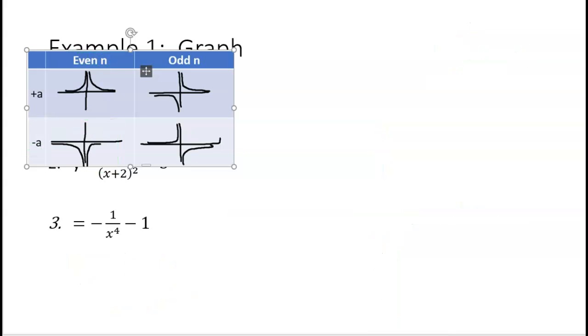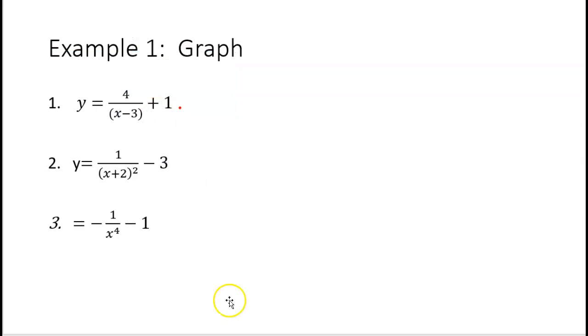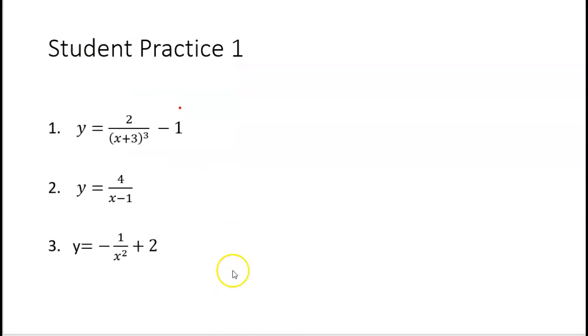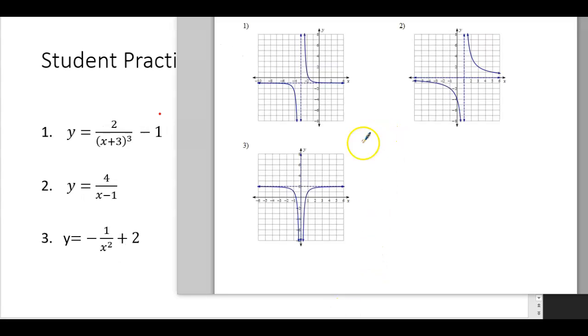So I'll let you guys go ahead and pause the video and try some example problems here. Let me bring them up first. Here's some for you. When you unpause the video, I will have the graphs available for you to check your work with. All right, so here's the answers.